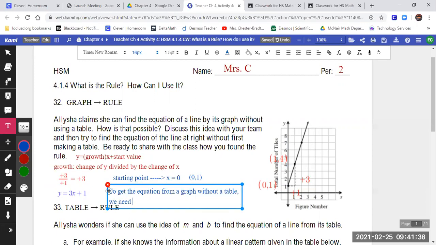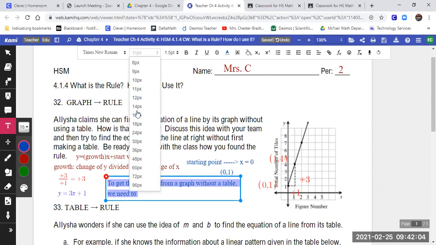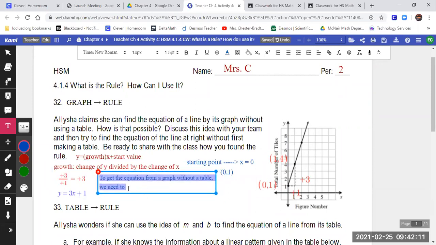What did we do? What process did we just take? We are explaining it now. What did we do first?